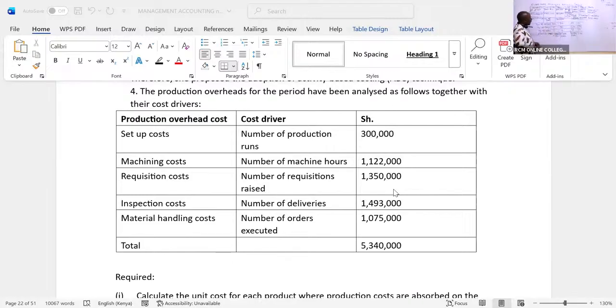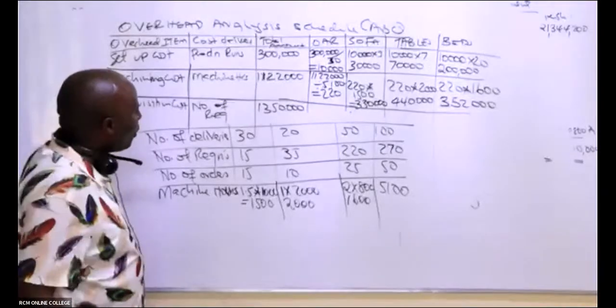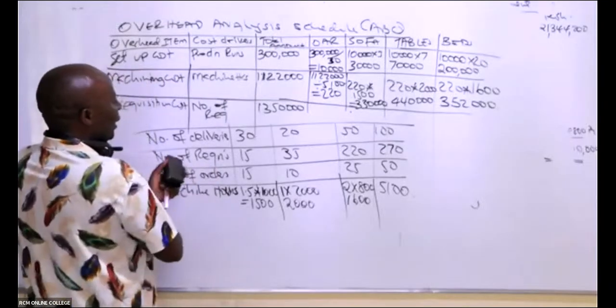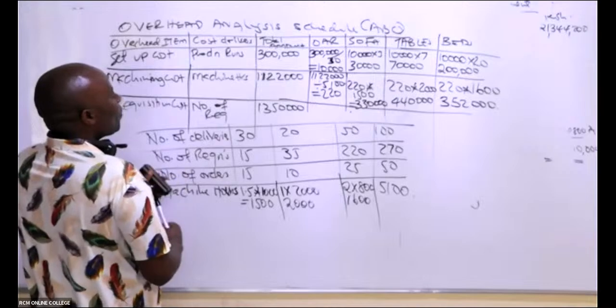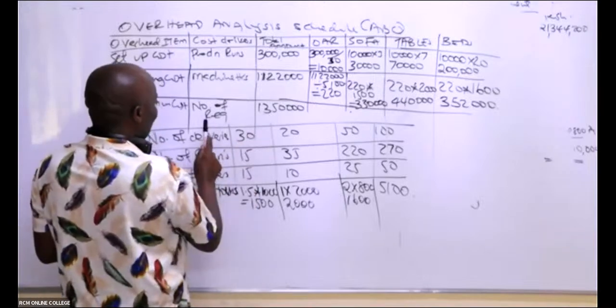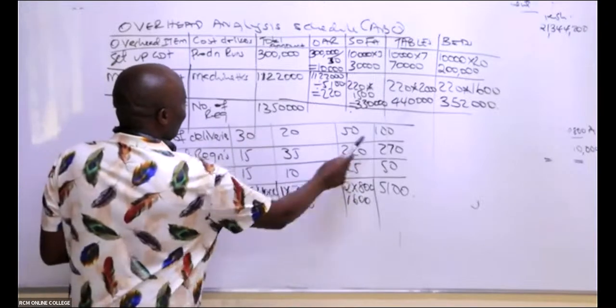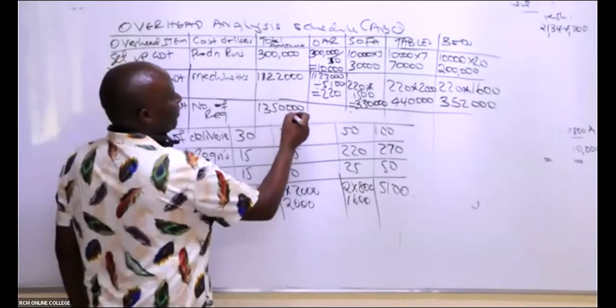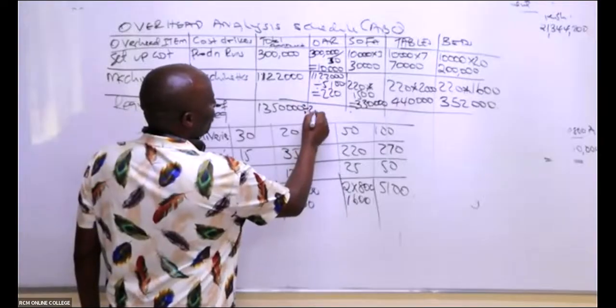So now you are experts, really. Go ahead and give me the OAR for the requisition cost. It's very easy. You will take this amount divided by the number of requisitions, which are how many here? 270. So you simply divide this by 270.